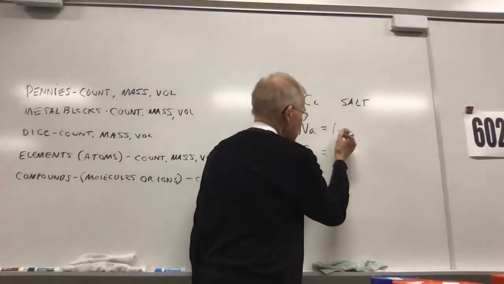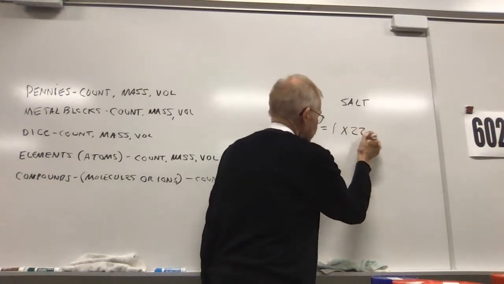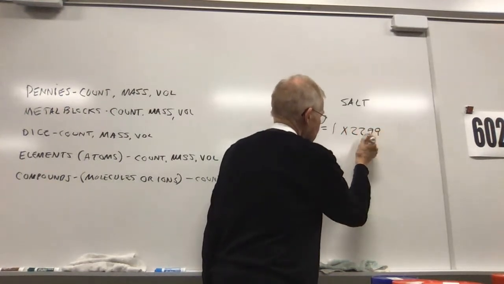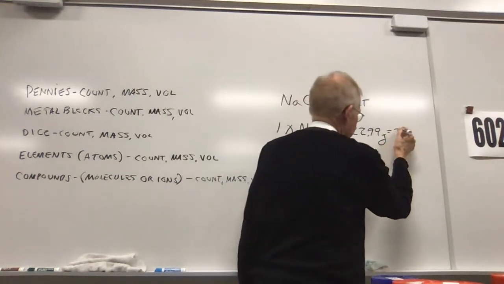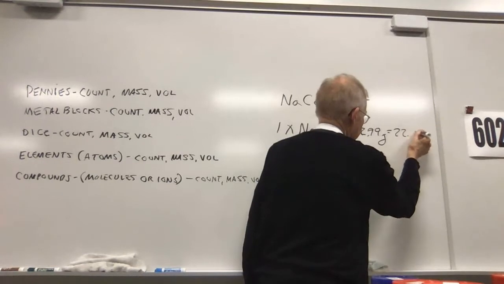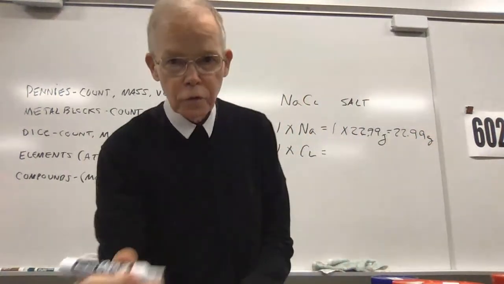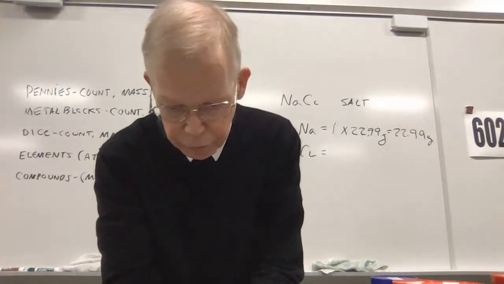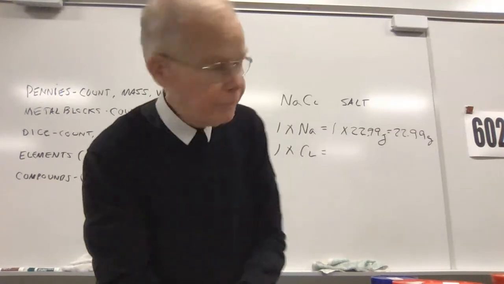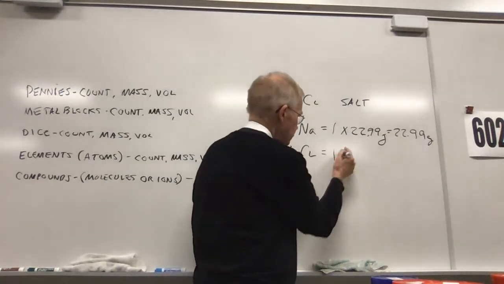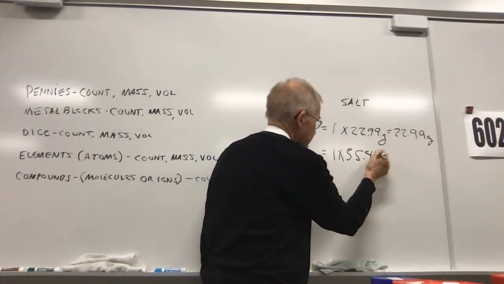So I'll take 1 times 22.99 grams, and that will be 22.99 when I carry it through. We'll look at chlorine in the sodium chloride. The chlorine is the element. This is 35.45, and there's one of those, 35.45 grams.